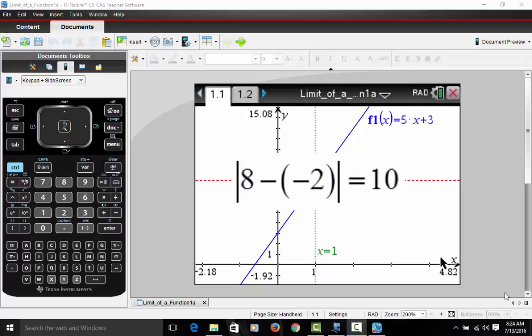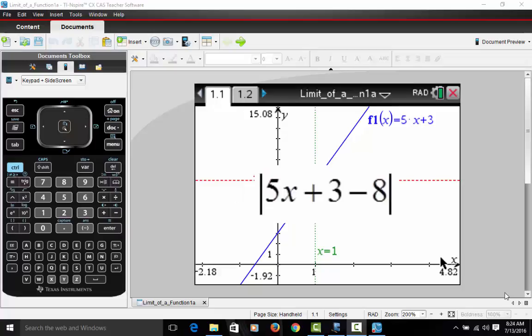The distance between 8 and negative 2 is the absolute value of 8 minus negative 2, or 10. Therefore, in our example, the distance between f of x equals 5x plus 3 and 8 is the absolute value of 5x plus 3 minus 8.